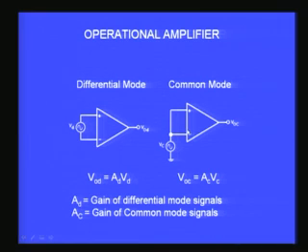Similarly, for the common mode, VOC, the voltage output corresponding to the common mode configuration, is equal to AC, the common mode gain, multiplied by VC, the common mode voltage applied at the input. So you can see we now talk of two different gains. One is called AD, the differential gain, and the other is called AC, the common mode gain. So in principle, a differential amplifier can be associated with two different gains corresponding to AD and AC.